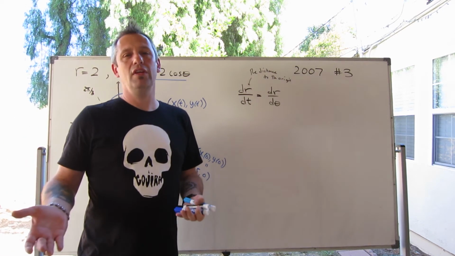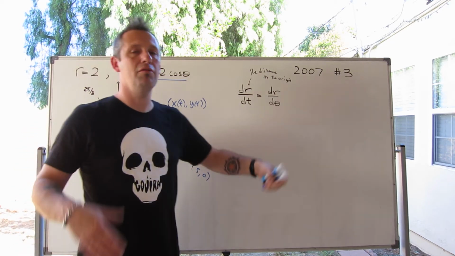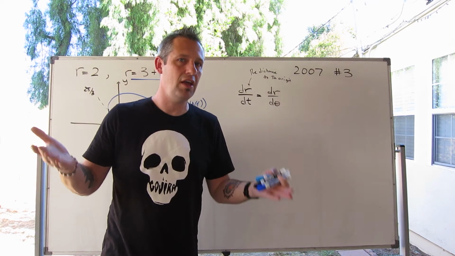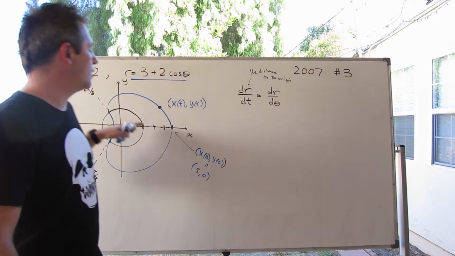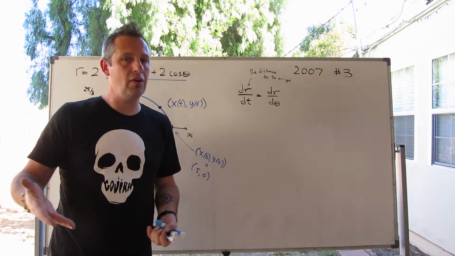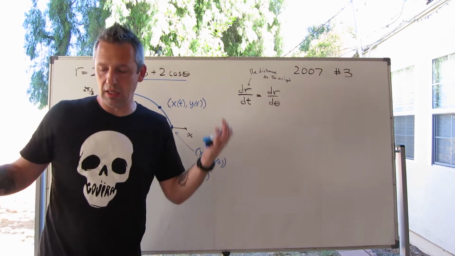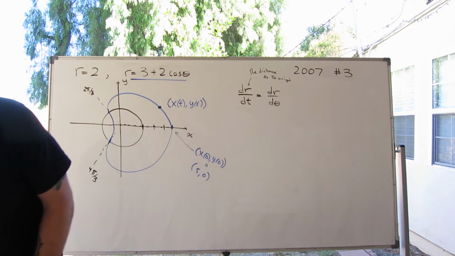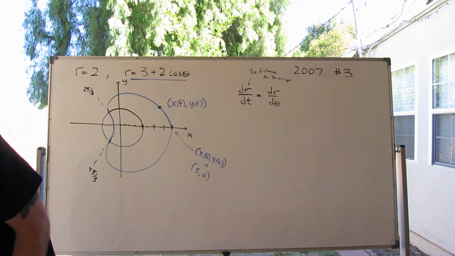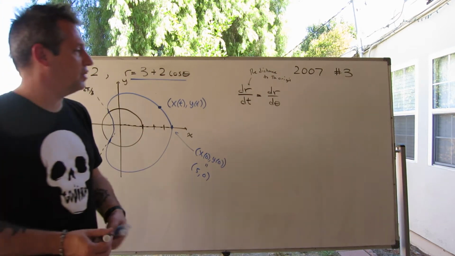Ultimately, what this is really saying is that the parameter of time is actually just theta. At any moment in time, you can look at the angle that the particle is at, and that'll tell you where it is, and it'll tell you how fast r is changing, etc.